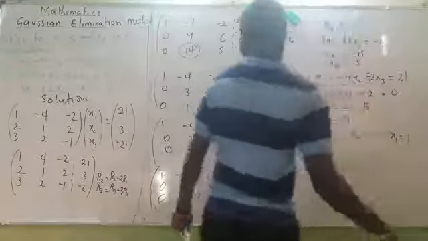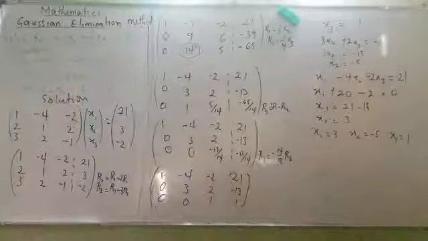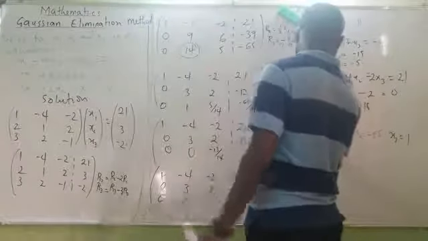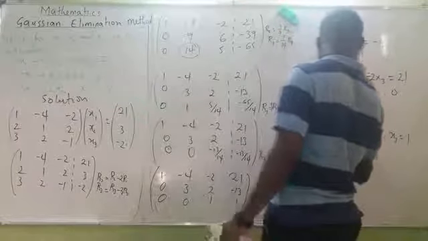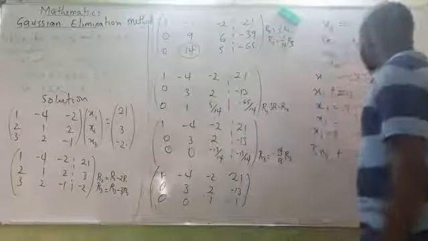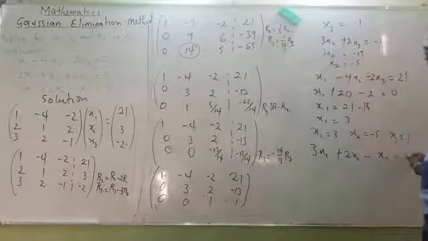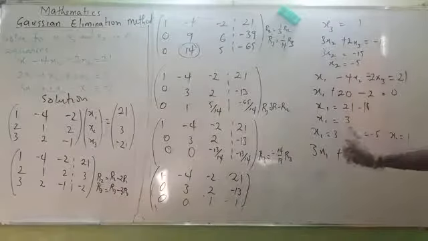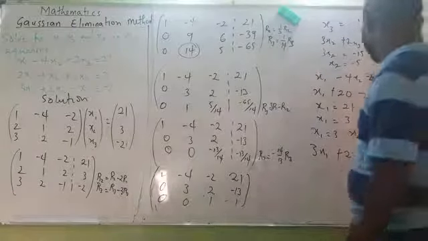1. Now, how do I know that what I've done is correct or not? Pick any of the convenient equation, which I have 3x1 plus 2x2 minus x3. Can it be equals to minus 2? Let's see. Now, if it is not equals to minus 2, it means what I've done, something is wrong somewhere.